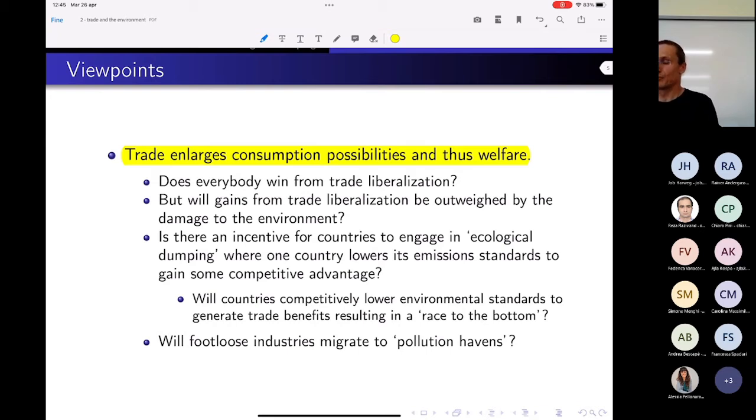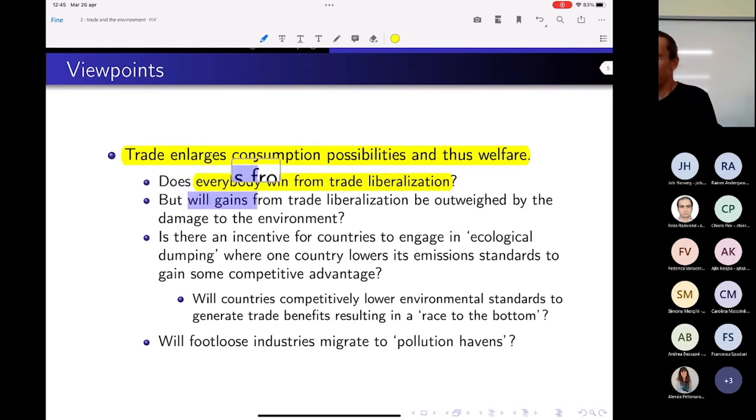There will be some costs in the short run, but then in the long run you should have increases in welfare. I'll discuss this at greater length in the following. So the first issue we are going to discuss is, will everybody win from trade liberalization?